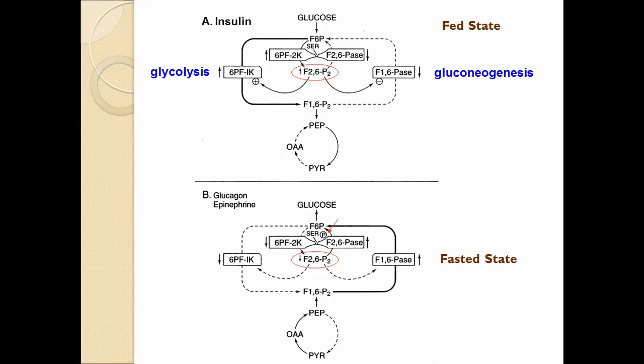Increased fructose-2,6-bisphosphate activates phosphofructose-1 kinase, which is a key enzyme in glycolysis, so it promotes glycolysis, right? And in the meantime, when fructose-2,6-bisphosphate concentration increases, that will decrease or inhibit fructose-1,6-bisphosphatase, which is the key enzyme in gluconeogenesis, right?